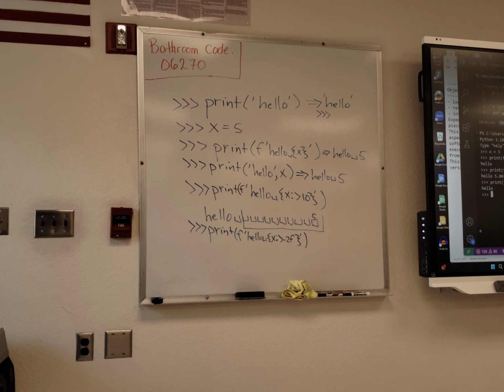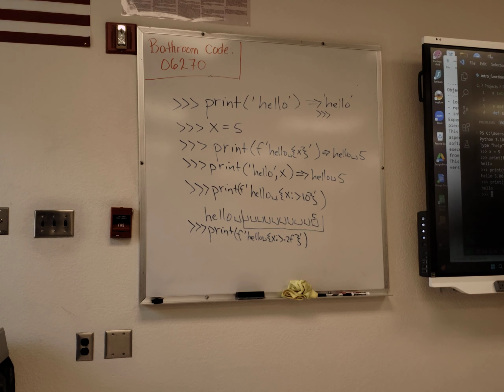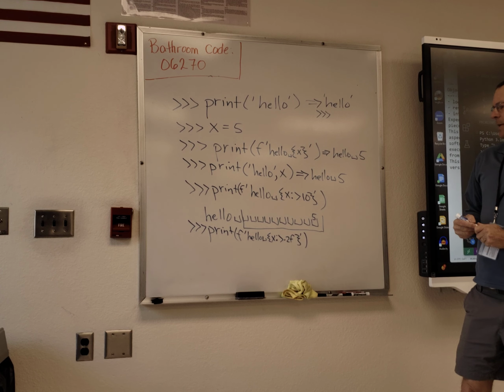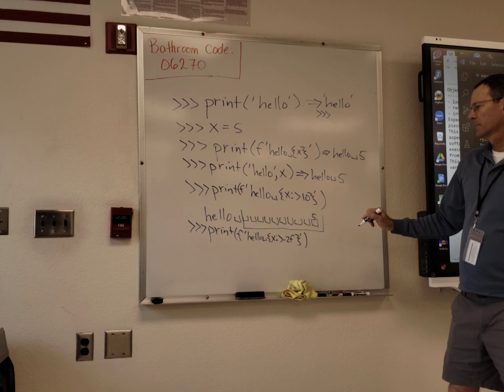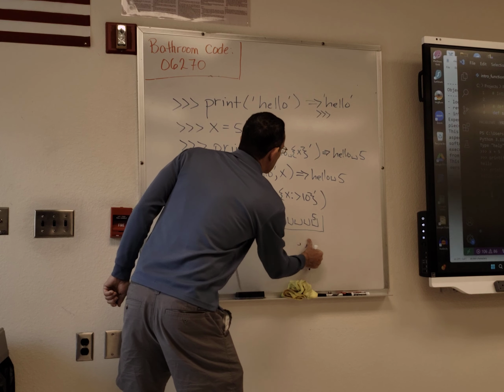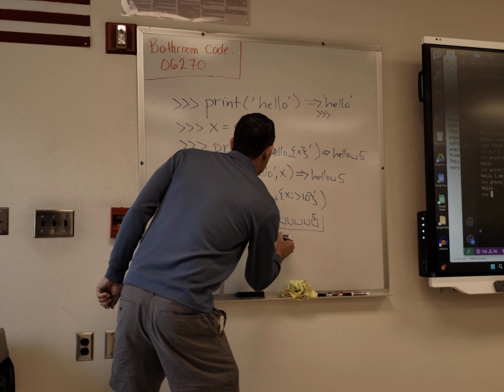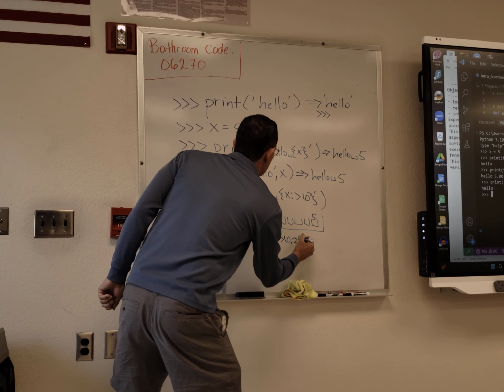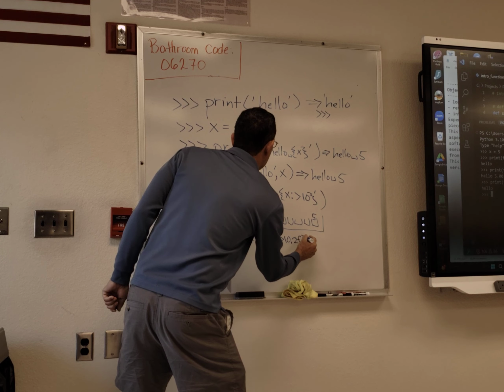There it is. Okay. So what this one did, and this is how we align all the decimals. This next one printed, oh, and I forgot the 10 here too. Dummy. Okay. X right aligned in 10.2 F for floating point.